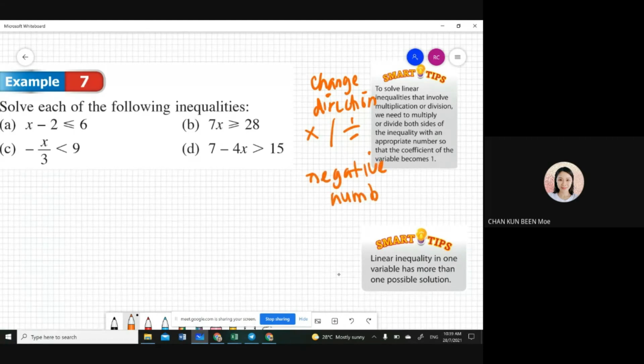If we multiply or divide with a positive number, there's no change. The change only occurs when we multiply or divide with a negative number. Bear this in mind, it is very important. We are going to see this later on.